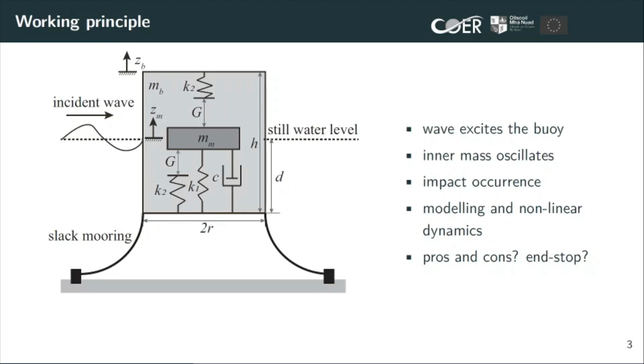This kind of vibro-impact mechanism can induce rich and complex nonlinear dynamics in the system. So here comes the question: can we make use of this nonlinear phenomenon? Or what are the pros and cons of the system? Can it achieve effective end-stop protection?